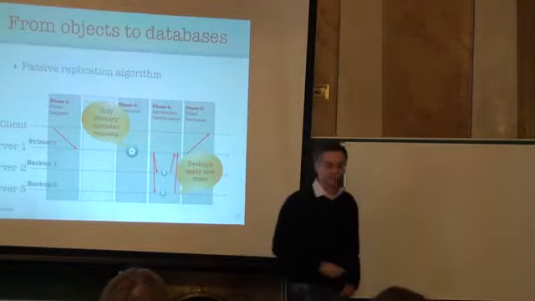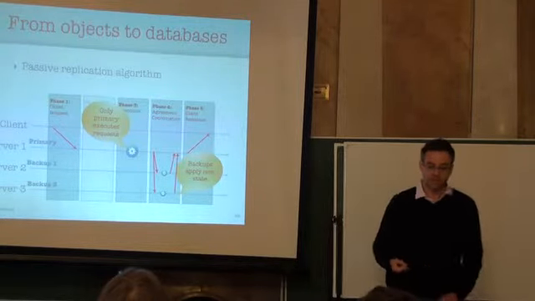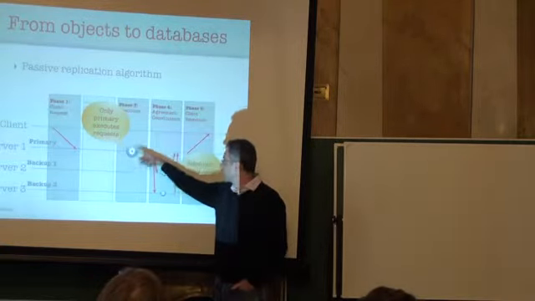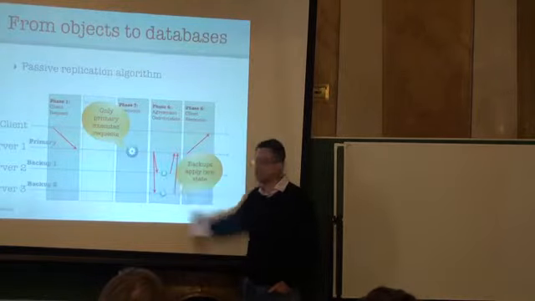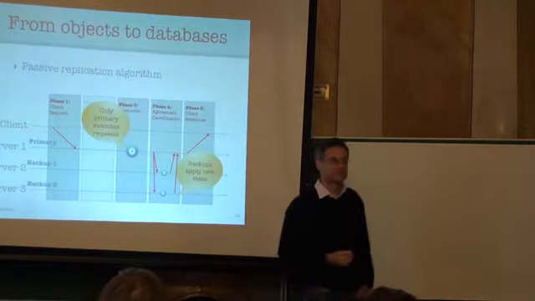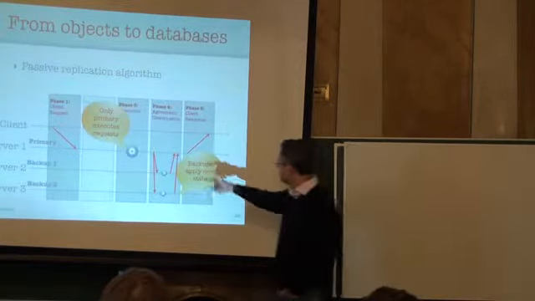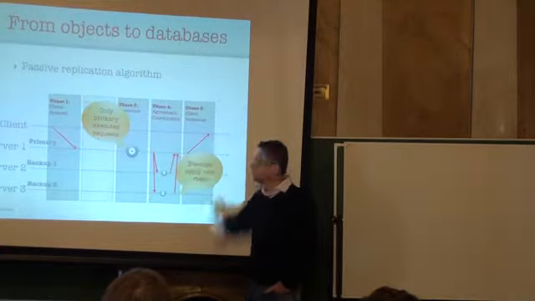For example, if the operation is increment variable x, which is what is sent by the client, the primary computes the new value of x, and then it sends to the backups the new value of x, not the command increment x. The backups receive this, they install the change, they update their local state, and they reply to the primary.